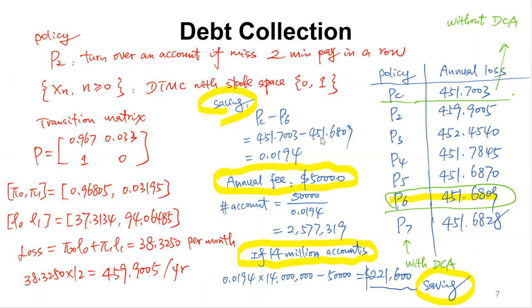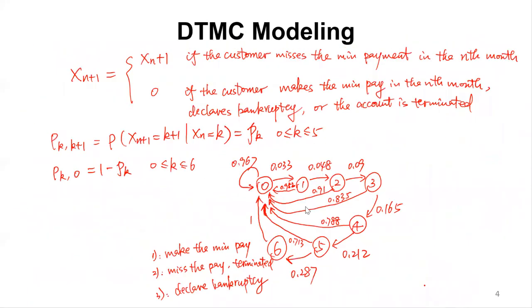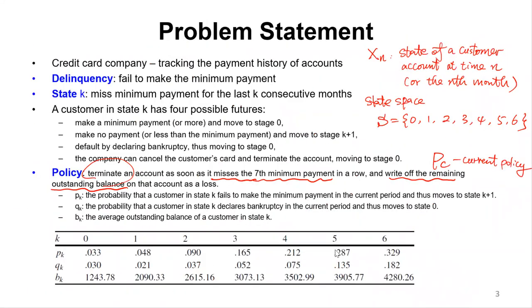And if we use the data collection agency, when the customer misses how many payments do we turn over the account? Those kinds of questions can all be answered by discrete-time Markov chain models.